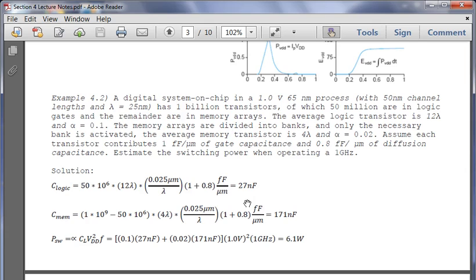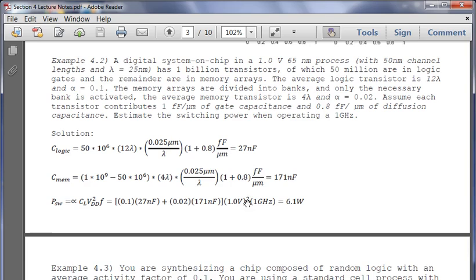And so the switching factor, we were given 2 switching factors in the problem. Let me scroll up just a little bit for those of you in the back. We're given a switching factor for logic and a switching factor for memory. So to work through this problem, we use this equation, VDD squared times our frequency. We know frequency is 1 gigahertz, right? And we know VDD is 1 volt. And then we have our load capacitance times our switching factor. So we just bracket them off and sum them. Our switching factor for logic is 0.1, and we calculated the logic capacitance is 27 nanofarads.